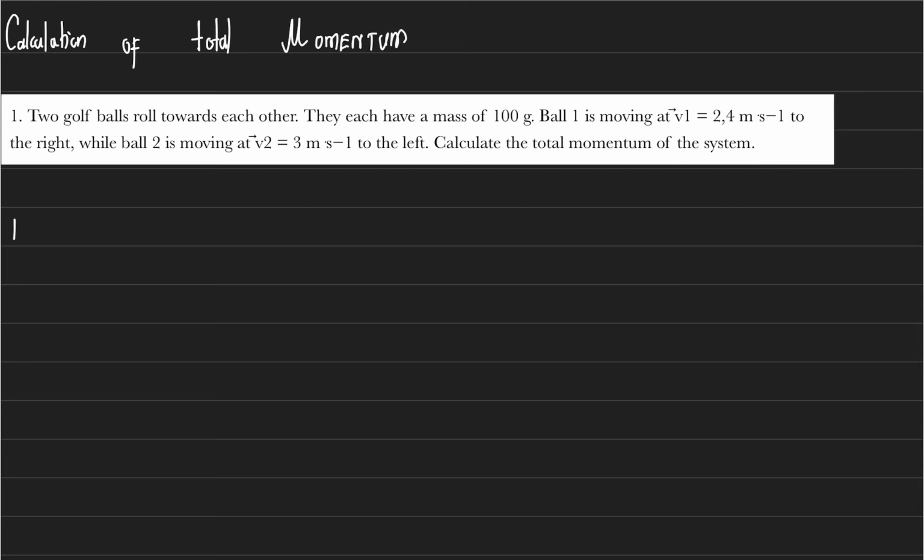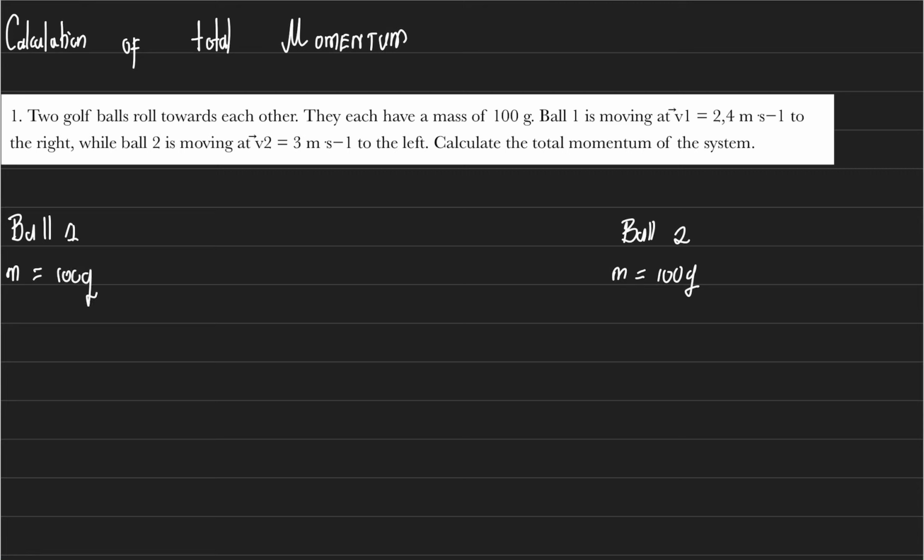So we are given that there are actually two golf balls. So we have ball number 1 and also ball number 2. They each have a mass of 100 grams. So you write that down. Their mass is the same, it's 100 grams each.